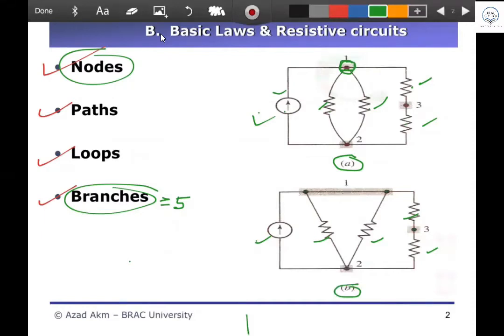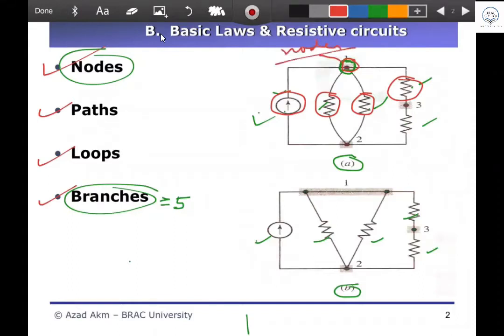It is the joining point of this one, this one, this one, and this one. These 4 elements join together at this point, and that is why it is node 1. This is the joining point of 4 elements.